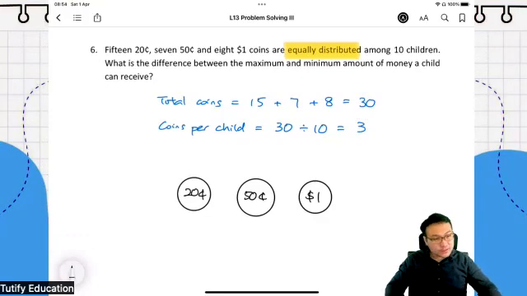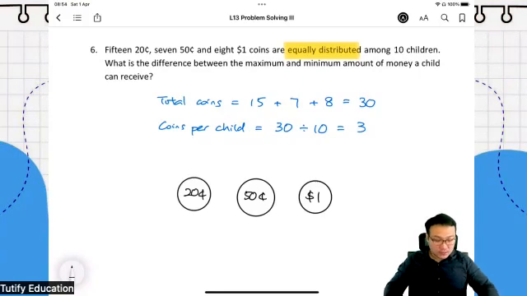Do you know why everybody gets 3 coins? Because there's a total of how many? The total is 30 coins. And how many students are there? 10. Yes. So that means everybody should get 3, right? Each person should have 3 coins, right?